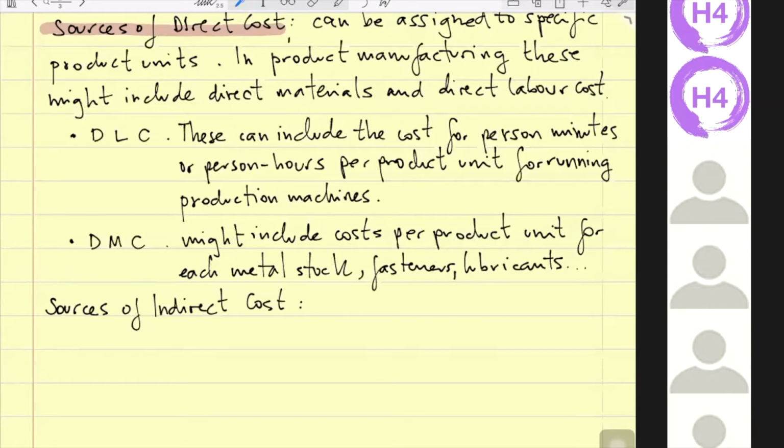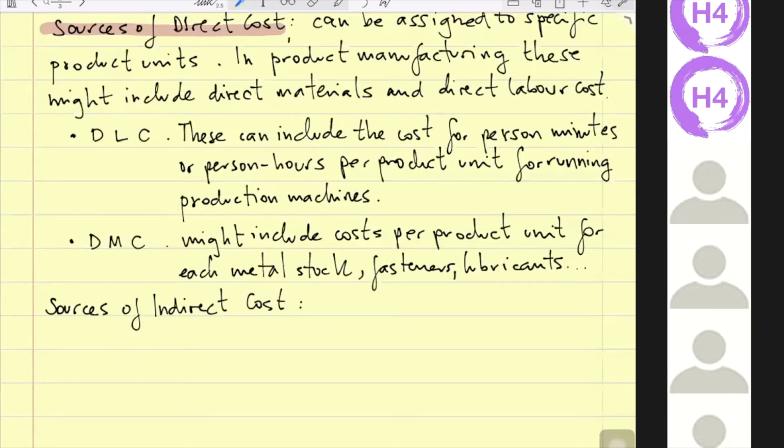Fasteners. Ein Fastener ist ein Material, zum Beispiel Schrauben oder das Material, das ich dann nutze für das Assembly. Für die Assembly von dem Produkt oder für die Montage von dem Produkt.